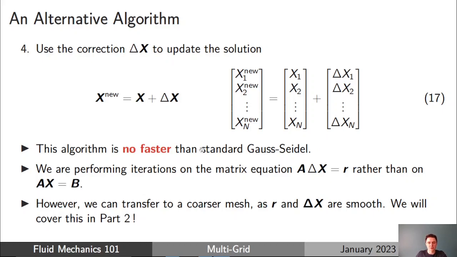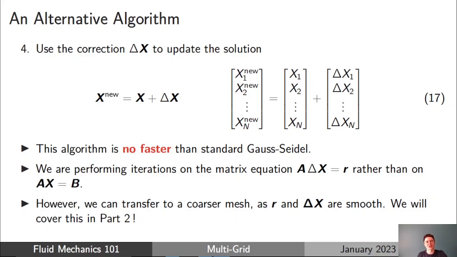A really important point is that even though we've got a new algorithm, this algorithm is not actually any faster than the standard Gauss-Seidel algorithm, because we've just swapped from one matrix equation to another. We haven't got any performance improvements at this point. But the key point is that we can transfer the correction equation to a coarser mesh, as r and delta x are going to be smooth once we've done 10 or so iterations of the Gauss-Seidel algorithm.